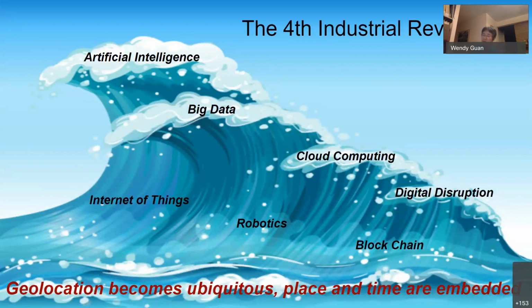And you probably find different versions of these mixed with Internet of Things, robotics, blockchain, and everything else. But one characteristic in this surging tide is that geolocation becomes ubiquitous. Place and time are embedded in the data, in the methodology, in the analytics, and in the visualization.